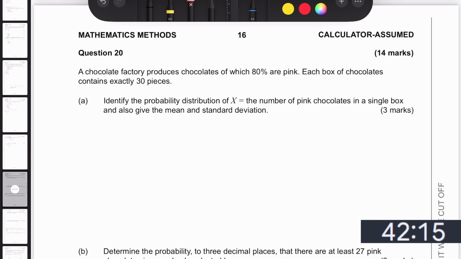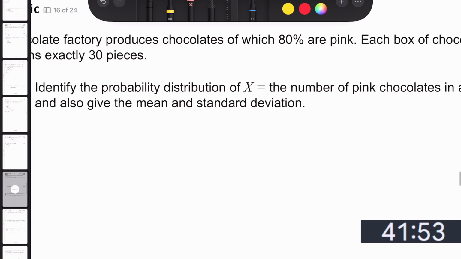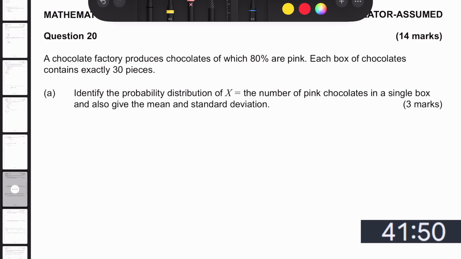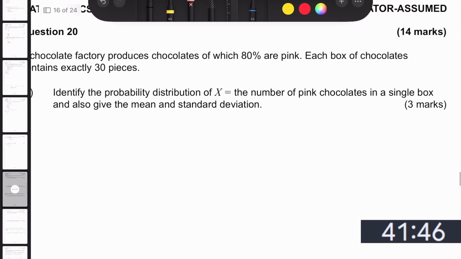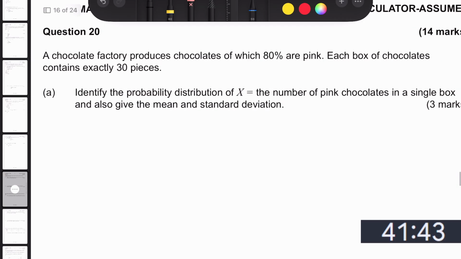A chocolate factory produces chocolates of which 80% are pink. Each box of chocolates contains exactly 30 pieces. The number of pink chocolates in a single box, also give the mean and standard deviation. Okay, so the mean would just be, how do I go with distribution? Never mind. I definitely know the mean. I'm a bit confused. Does it just want me to say it's a normal distribution?